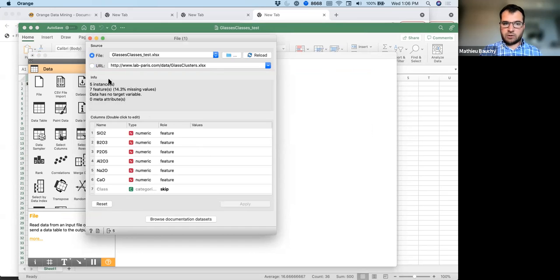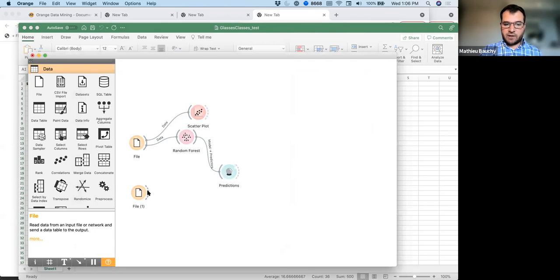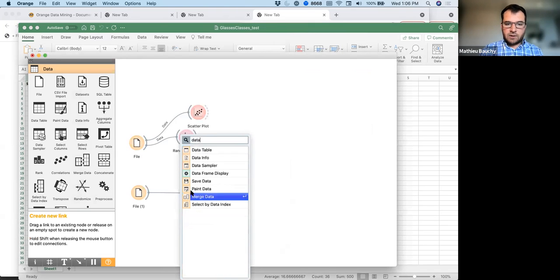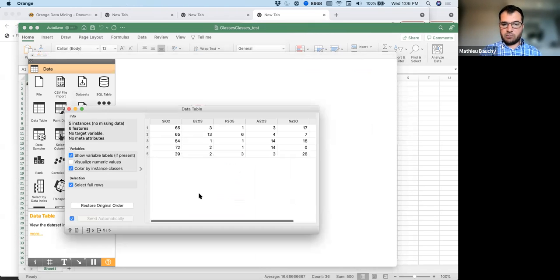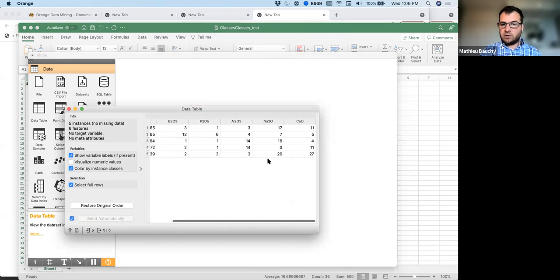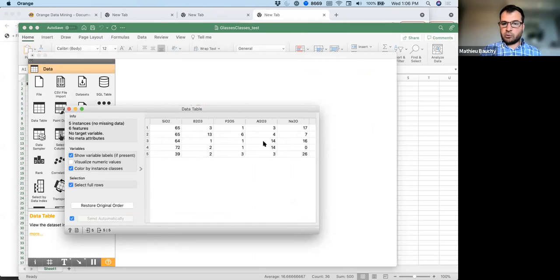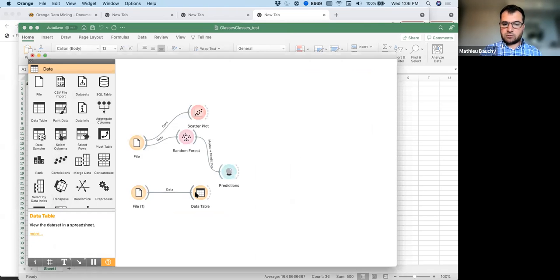That's what I'm going to do here. So in this case, now if I look at this table, those are the data for which you know their composition, but you do not know what class they belong to, right? And then you will take those data and put them into the prediction.